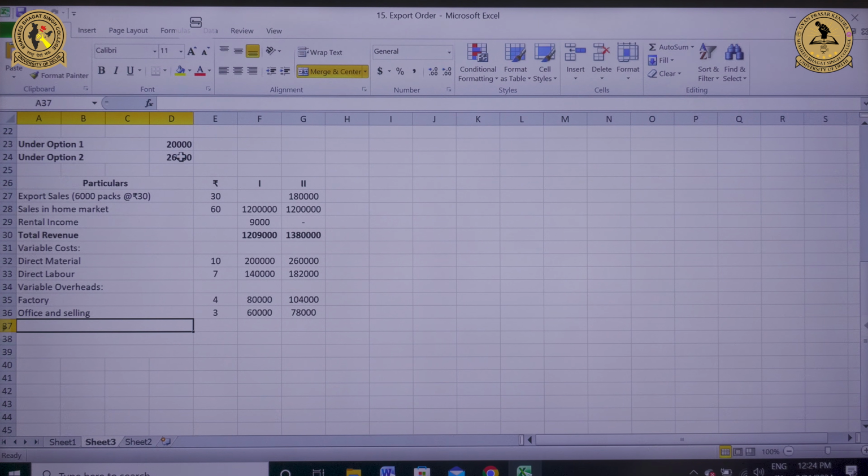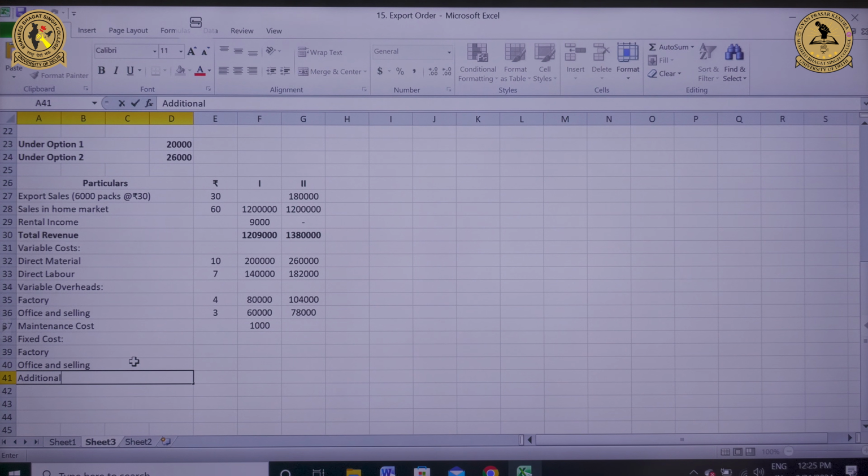Now I need to note down my fixed expenses. Apart from this, I also have a maintenance cost of 1,000 rupees in option 1. Now we need to note down the fixed cost or fixed expenses. So we have factory, office and selling, and additional fixed costs.